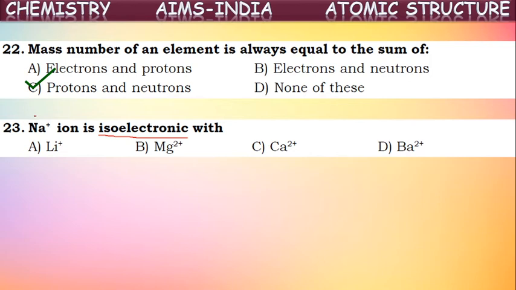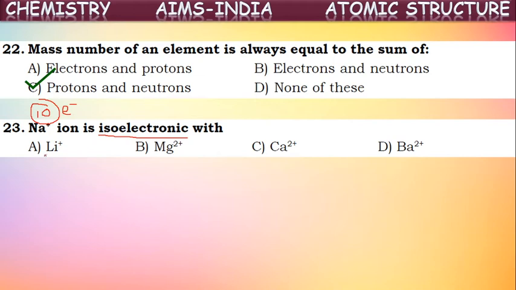So there will be 11 electrons in a sodium atom. Now they mentioned here Na+. It means it lost one electron. So in the neutral atom of sodium, there will be 11 electrons, but it lost one electron. So finally there will be 10 electrons in this Na+ ion. So Na+ has now 10 electrons. Now you observe which of the following given options has 10 electrons. It will be the correct answer.